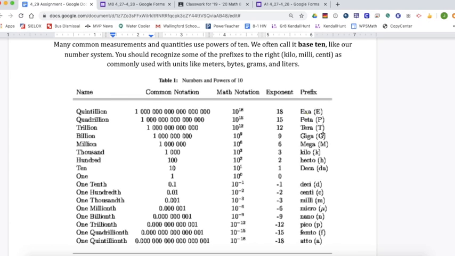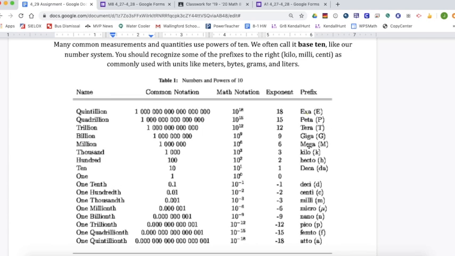And if you have an Xbox, which I'm sure some of you do, you've heard of a terabyte, a trillion bytes of data. So you're going to learn about the relationships between all these prefixes, tera, giga, mega, kilo, and the math notation, which exponent gets you there, and what that number actually looks like.